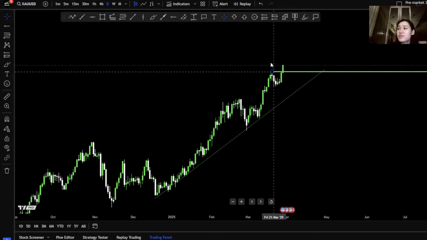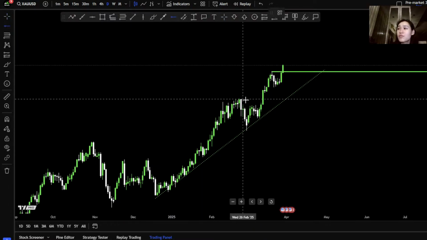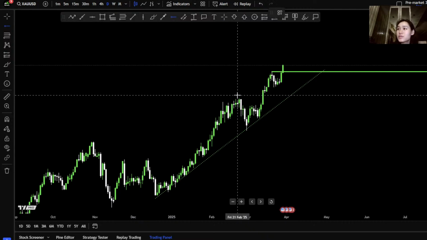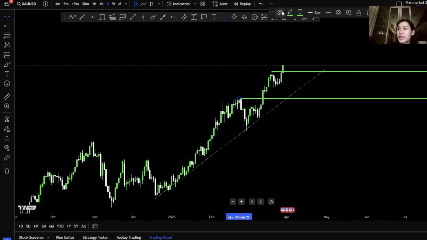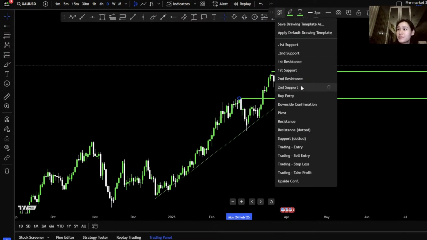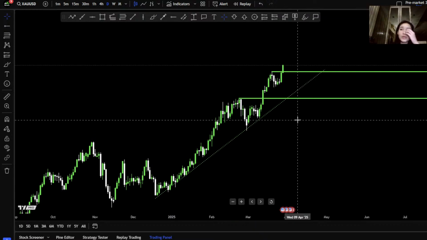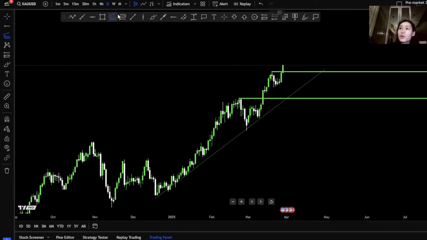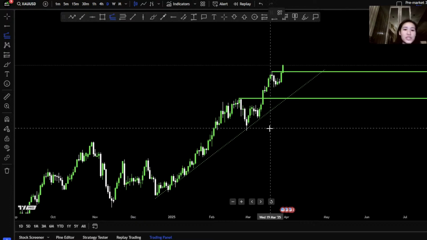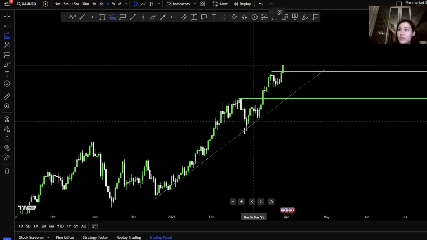So this is my first support. For my second support, maybe just over here at that swing high. And now I'm going in with my Fibonacci levels for my resistance levels.